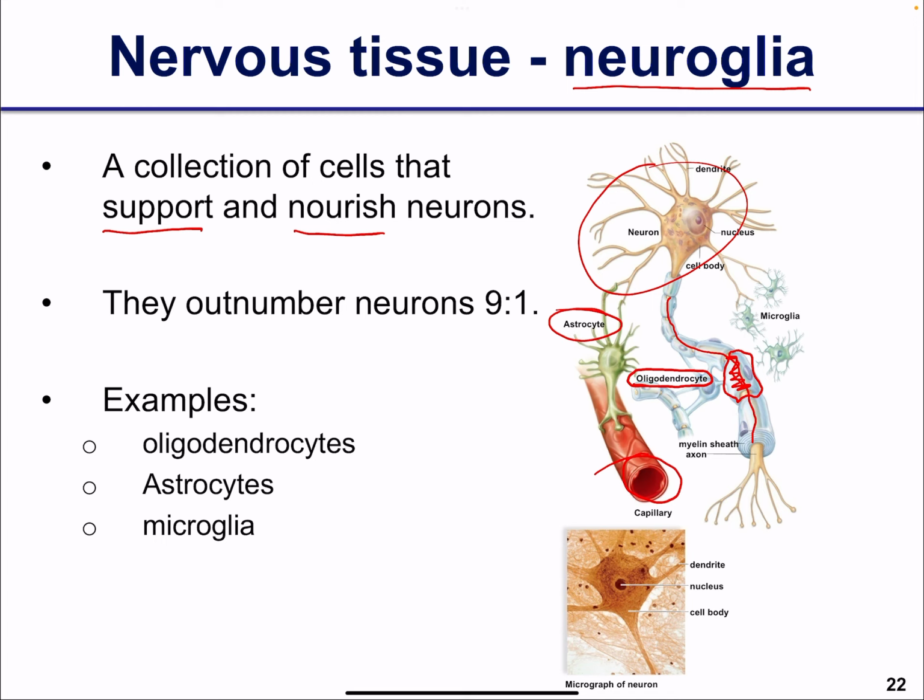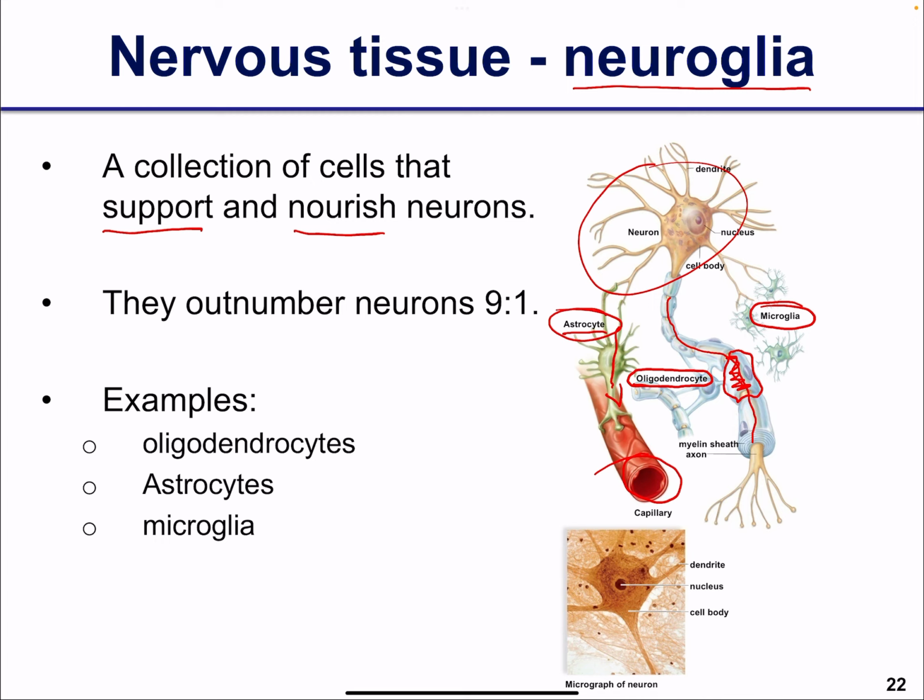So therefore, the astrocytes are going to collect nutrients from the blood, send these nutrients to the neurons so the neurons can be nourished. But also likewise, they are going to collect the waste from the neuron and send that waste in the blood so the waste can be discarded.